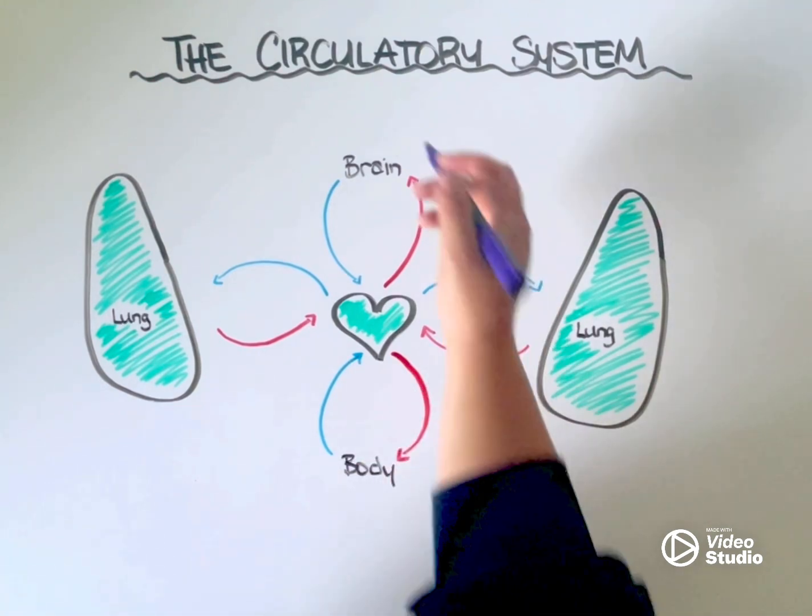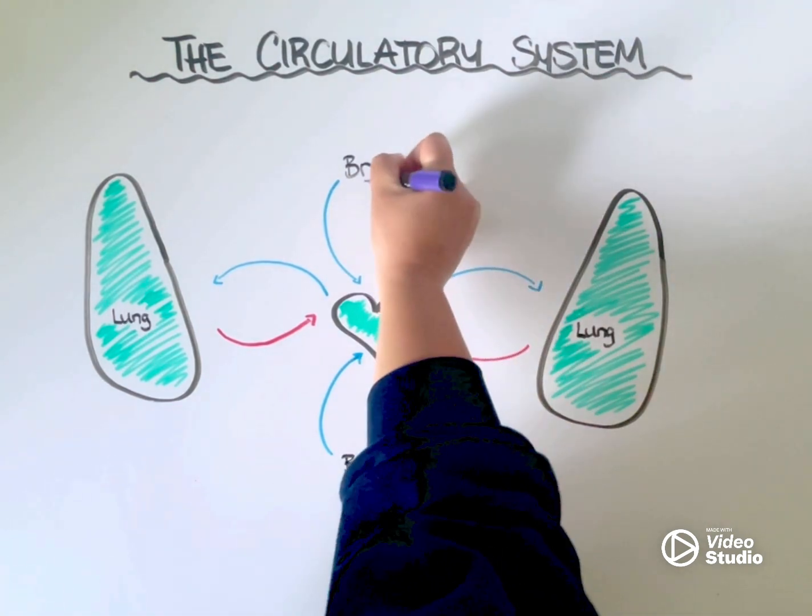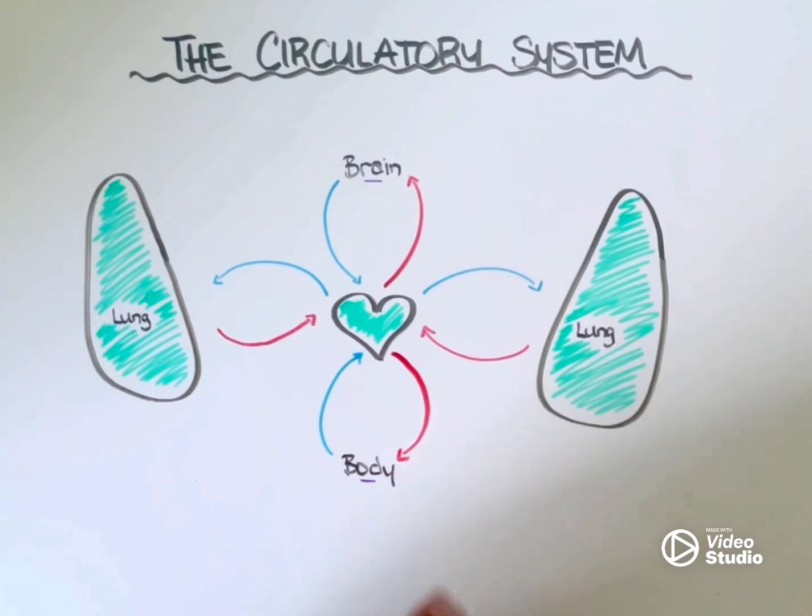So when the structures in our body, including our brain, use up the oxygen, they then release carbon dioxide back into the bloodstream because CO2 is a byproduct of cell respiration.